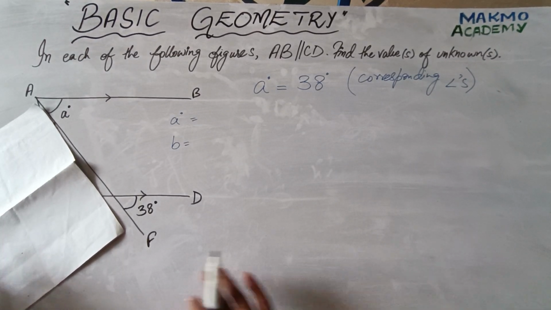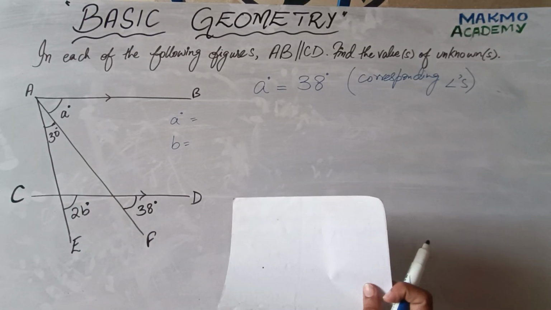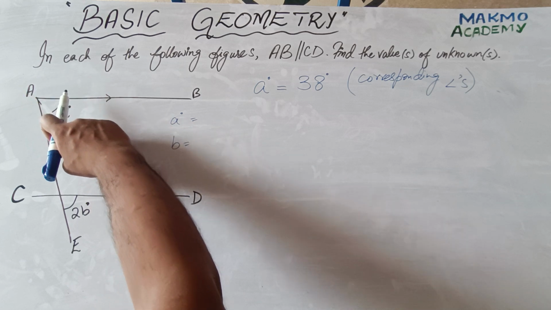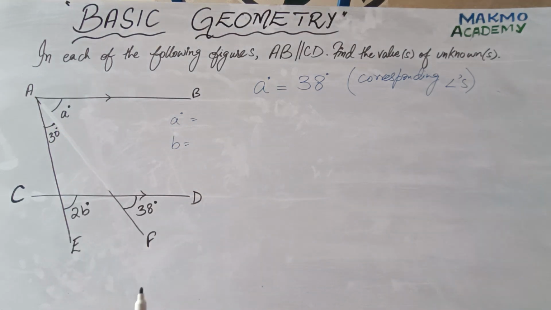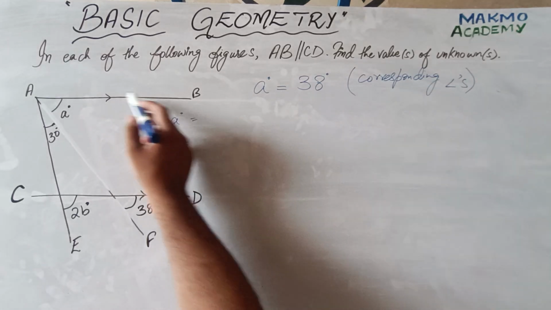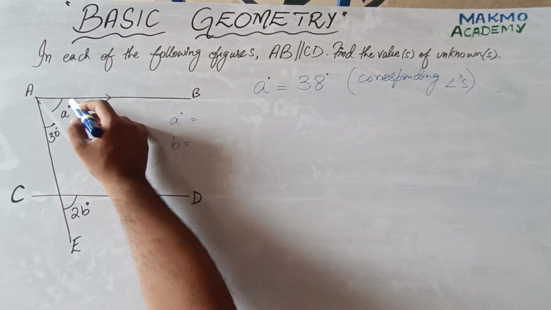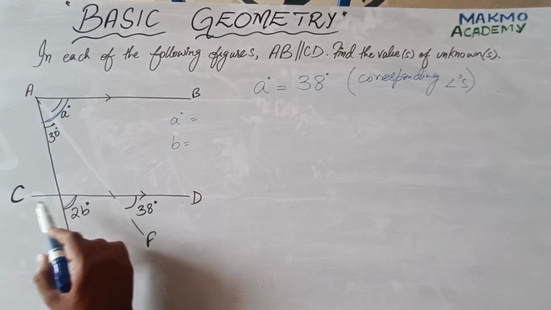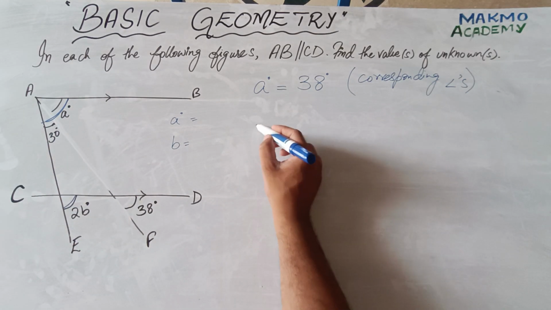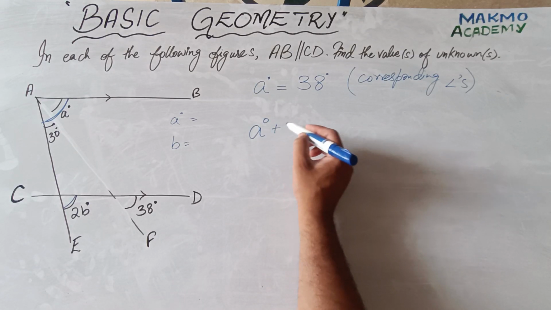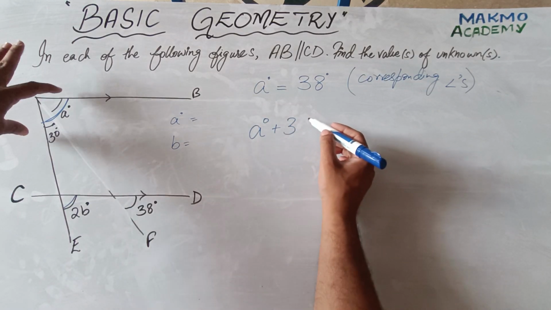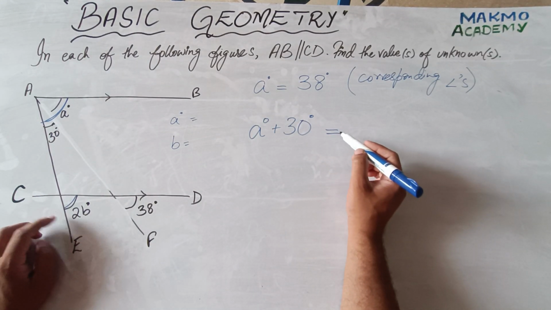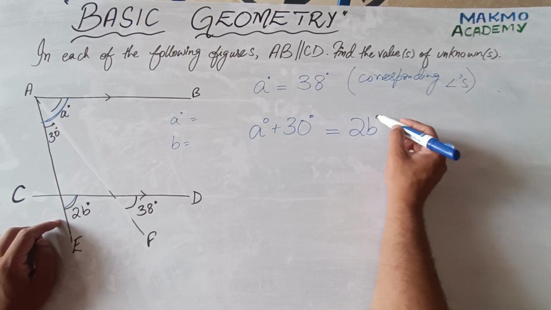Similarly, if I erase this line, this complete angle again makes another F. It means that this complete angle, A plus 30, is equal to 2B, according to corresponding angles.